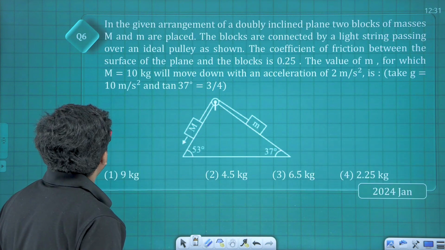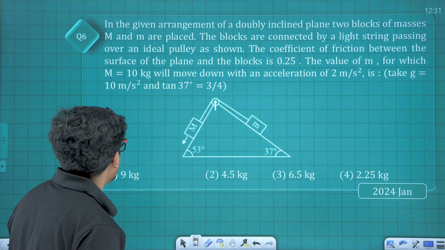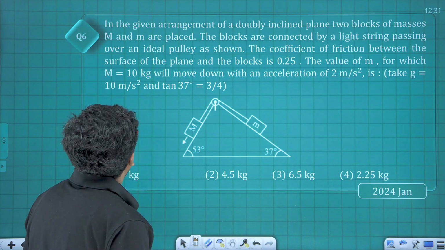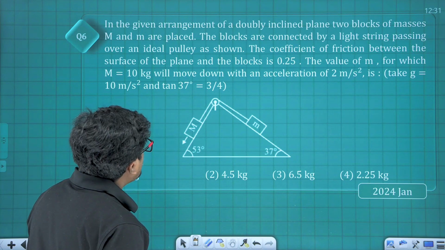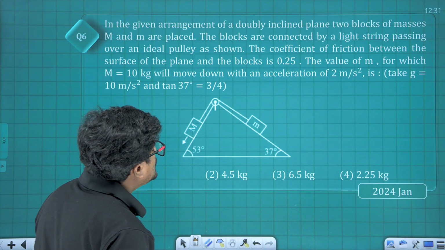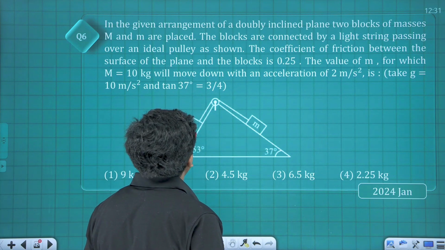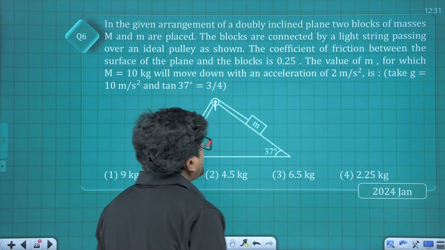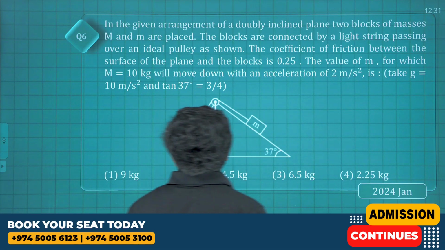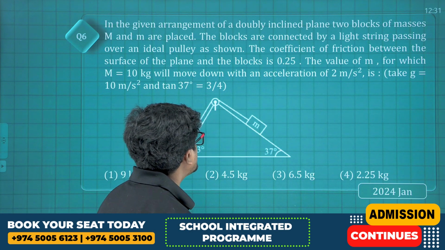Now let's move to question number 6. The question says, in the given arrangement of a doubly inclined plane, two blocks of masses capital M and small letter m are placed. The blocks are connected by light strings passing over an ideal pulley as shown.